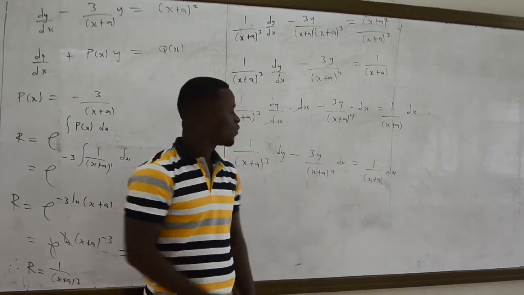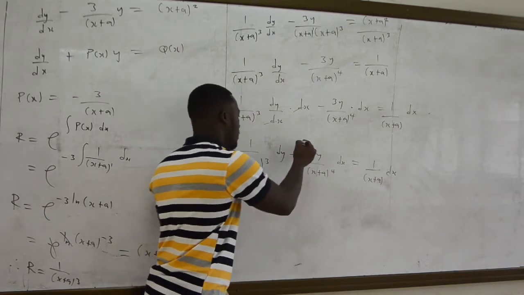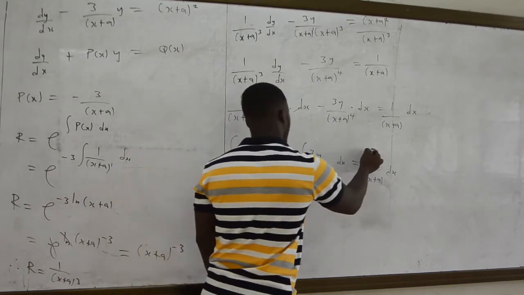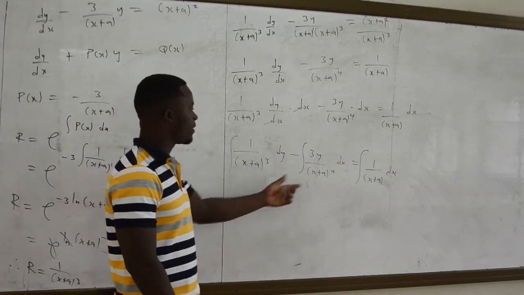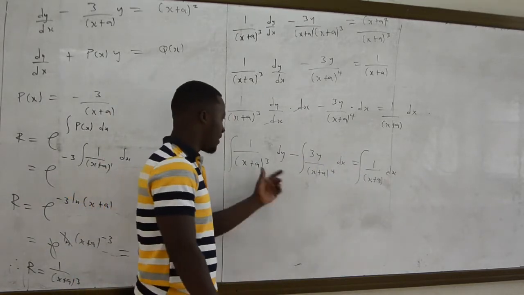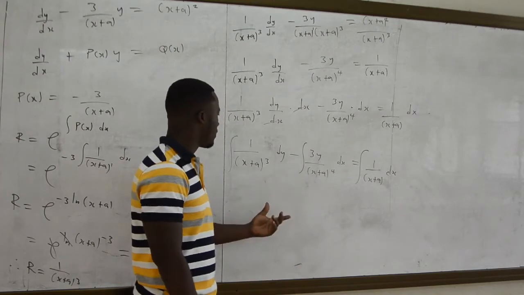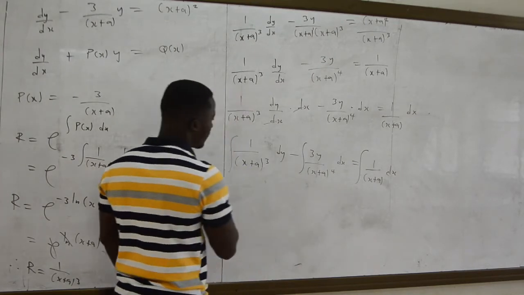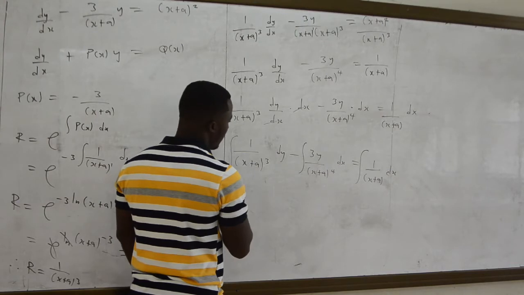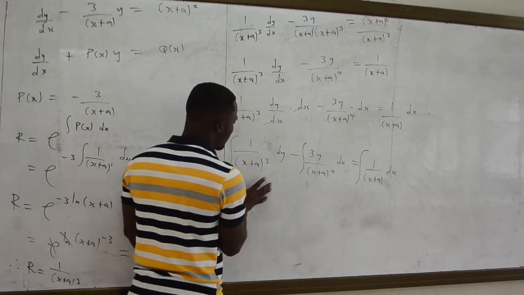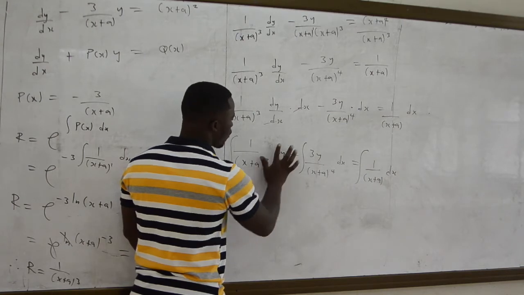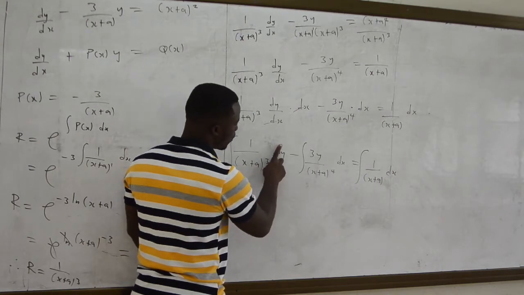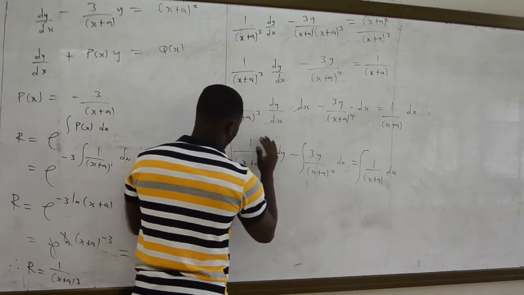Then we have to integrate this one, this one, and this one. But check the left hand side. The less complex one is this side. Just compare the two. The less complex one will be this one. So I'll cover this d, cut the d away.